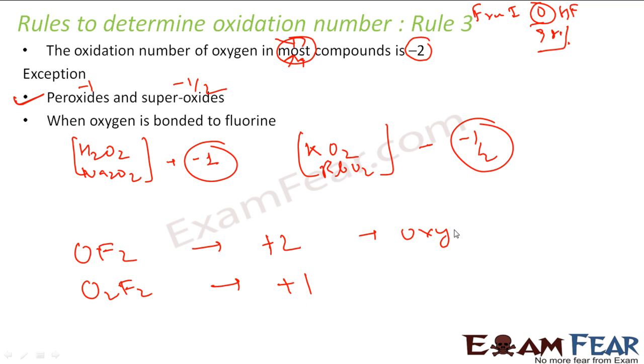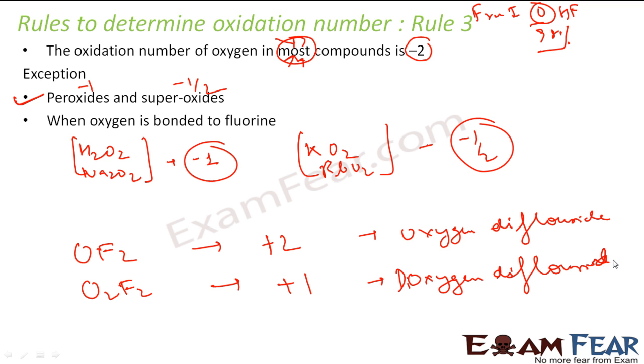This is oxygen difluoride, and this is dioxygen difluoride, because there are 2 oxygens and 2 fluorines. So this is the exception. It comes in a very rare scenario. If it is OF2, it will be +2, and for O2F2 it is +1.